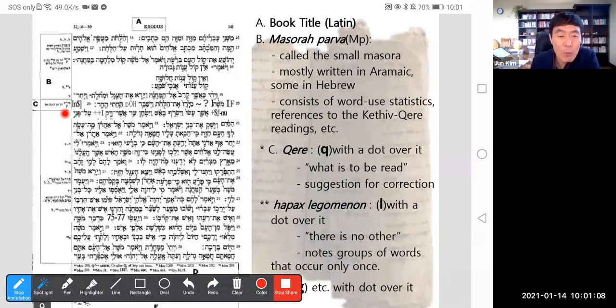So what word is it? Of course you need to look at the word that takes a small circle over it. Where is it? Here. Mi yadav has one circle. Where is it?